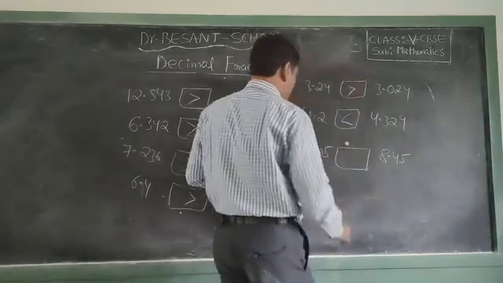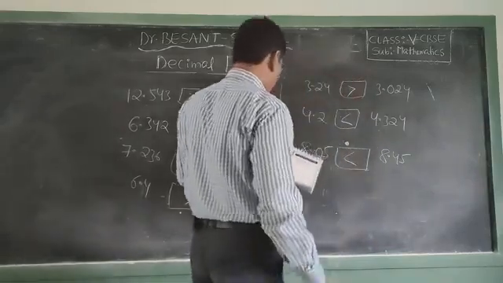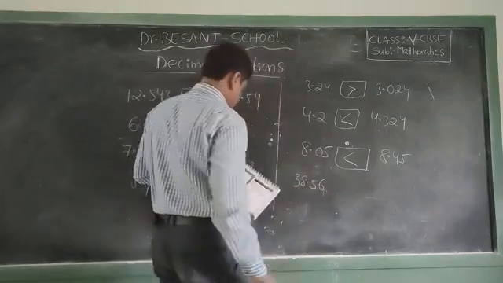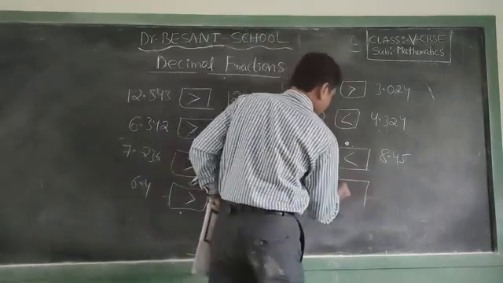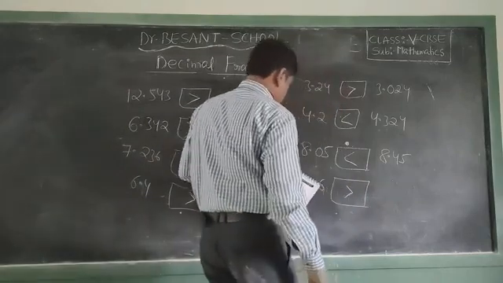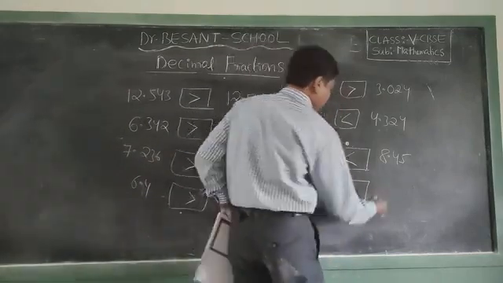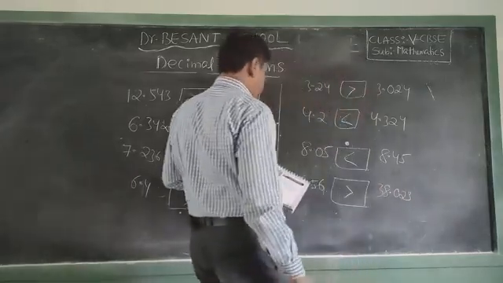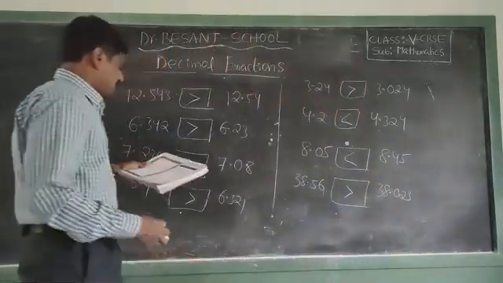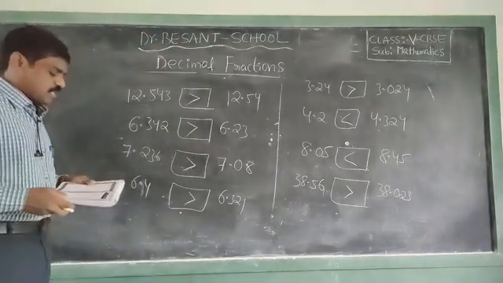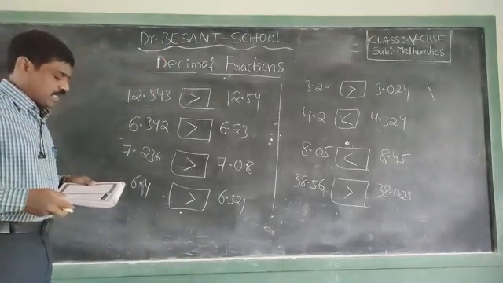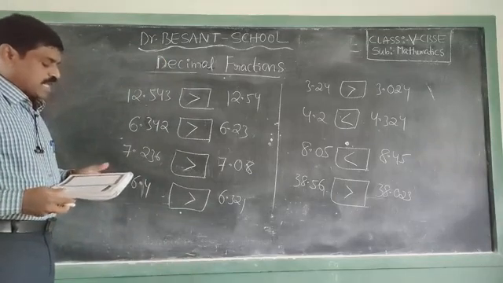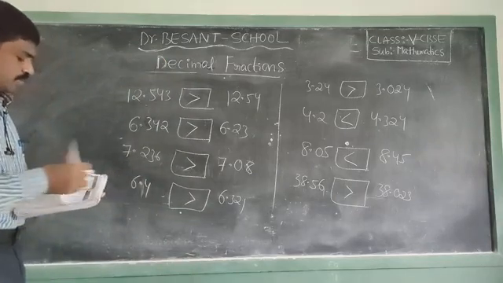So 8.05 is smaller than 8.45. 38.56 is greater than 38.023. Okay. Like this, convert unlike decimals into like decimals. Compare the sets of numbers using greater than, less than, or equal.